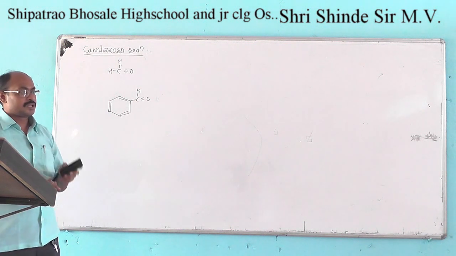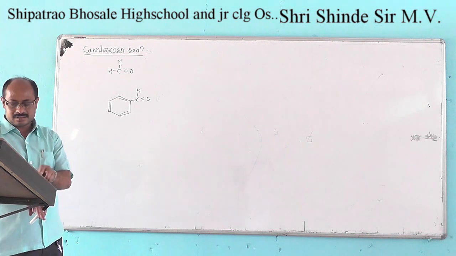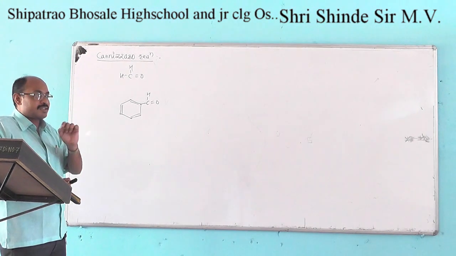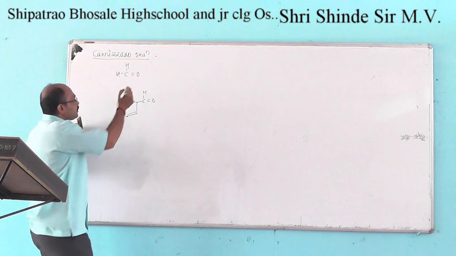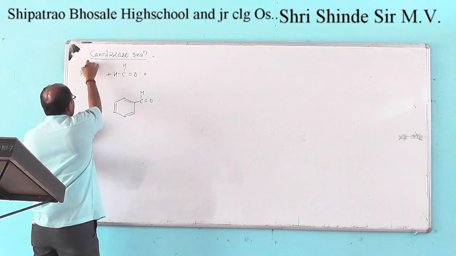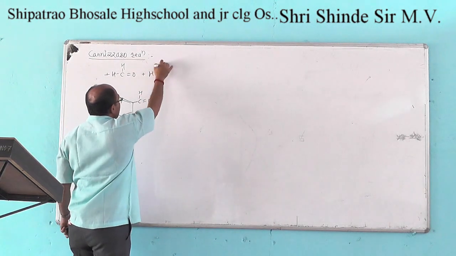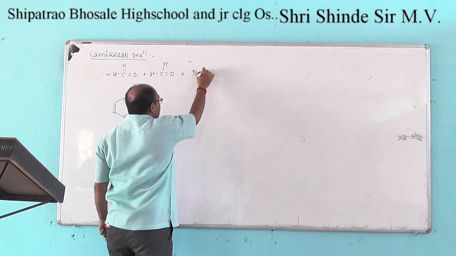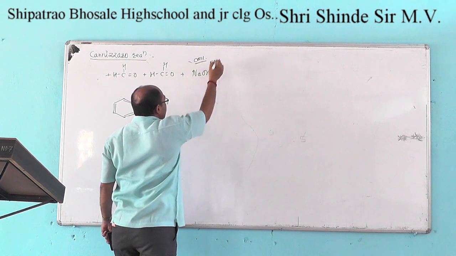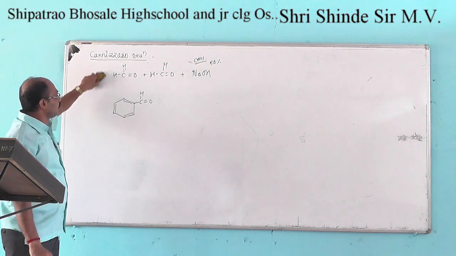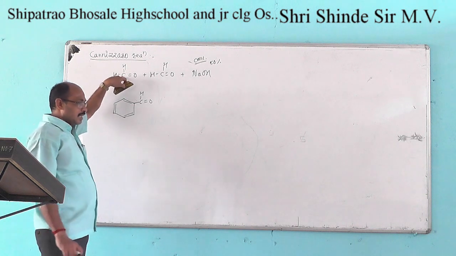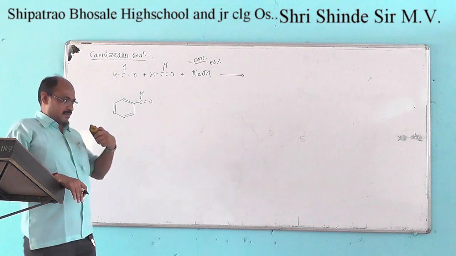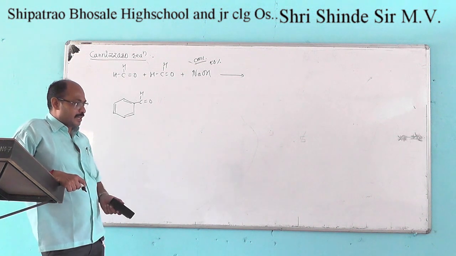When aldehydes which do not have any alpha hydrogen atom undergo a self oxidation-reduction reaction in the presence of concentrated alkalis, that is, when they are heated with concentrated alkalis, one molecule is oxidized to a salt of carboxylic acid, and one molecule is reduced to alcohol.